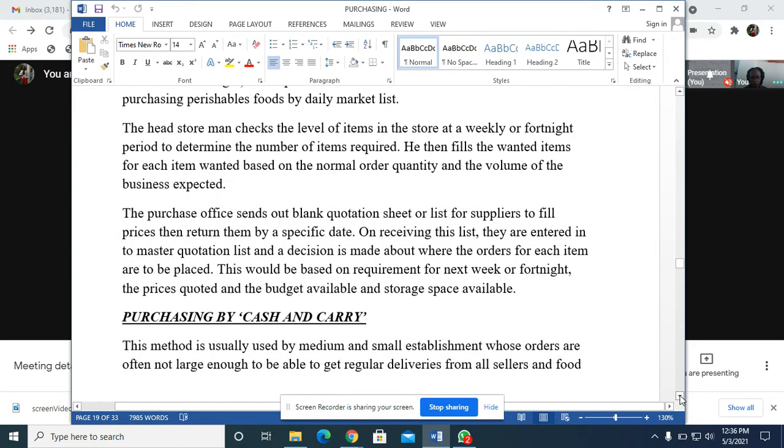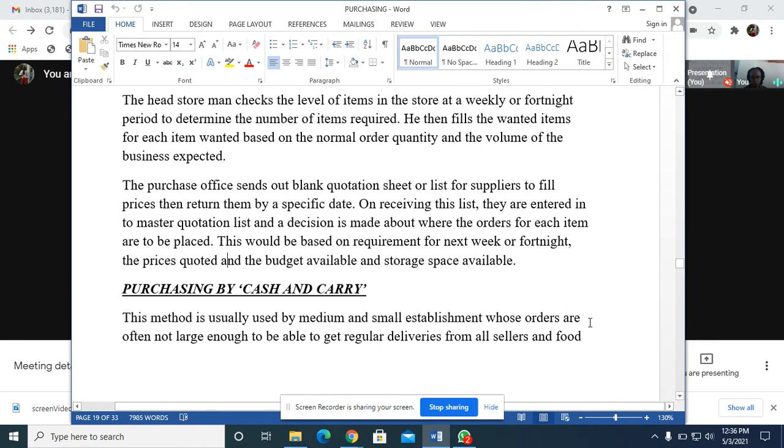Then the purchase office sends out a blank quotation sheet, a list for suppliers to fill in prices, then return it by a specific date. The blank quotation sheet only shows the items that the catering outlet requires from the suppliers, so they just have to fill in the prices of the items and return them on a specific date.